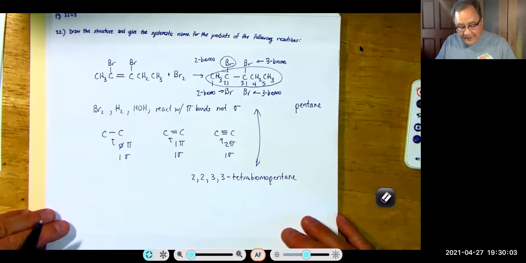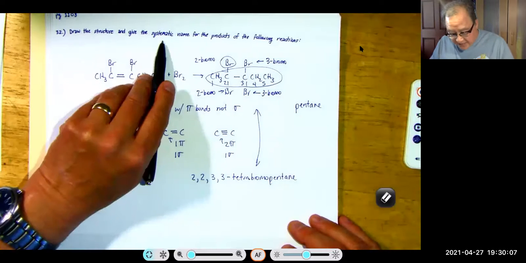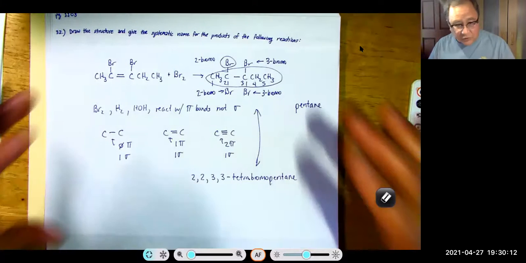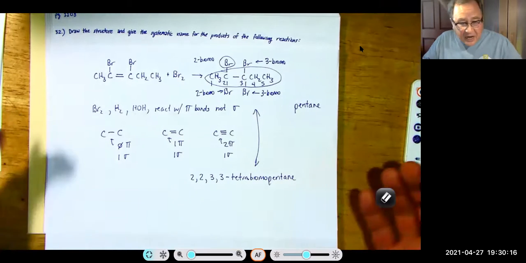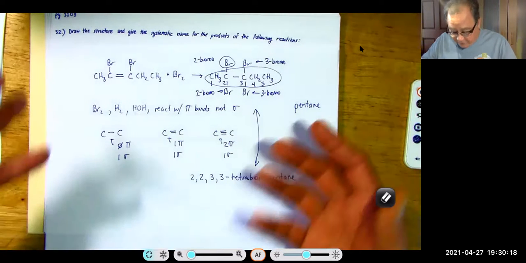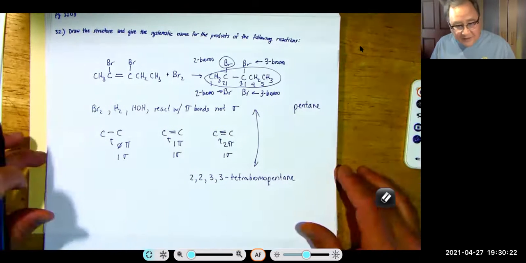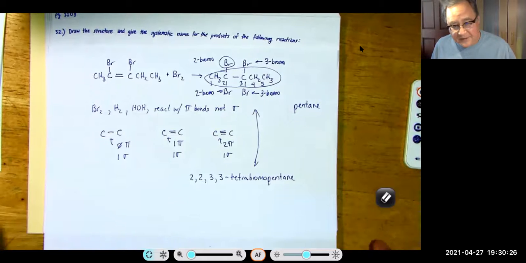So we have some very good rules for naming things, so that if you do a reaction and name something using these rules, any other chemist in any other country is going to be able to say, oh, I know what that is.